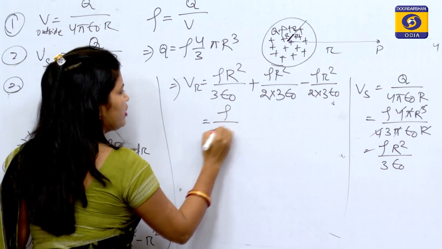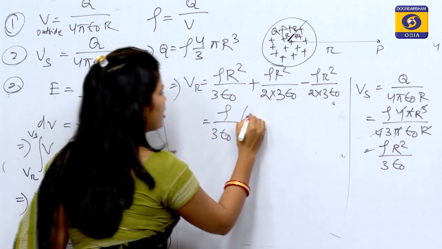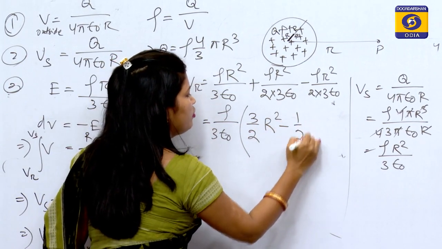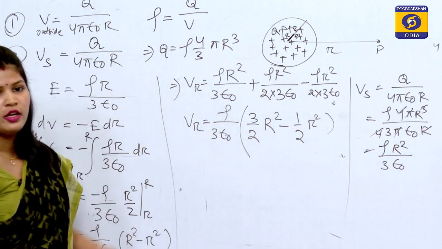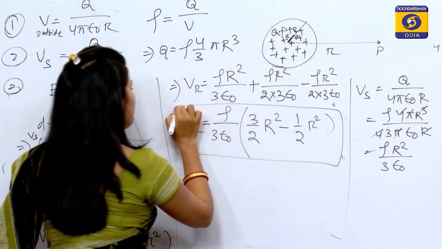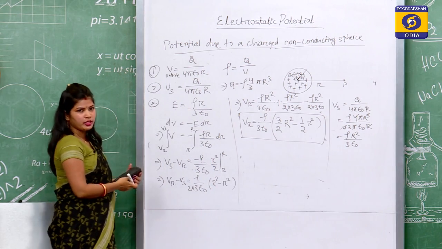So, taking rho upon 3 epsilon naught common, that is 1 plus half, that is 3 by 2 capital R square, minus 1 by 2 small r square. This is the expression of potential inside the sphere. This is a very important relation, you must remember, because we are going to use it a lot in competitive examinations.